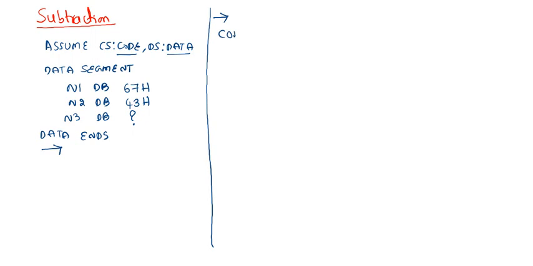So I am starting the code segment. Let us use a label to indicate the start of the program or code, and as I said, we require 2 lines to initialize, or to load the data segment address to the data segment register.